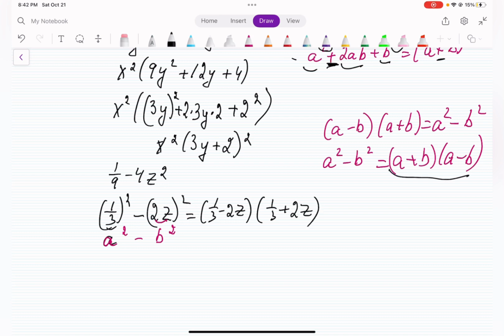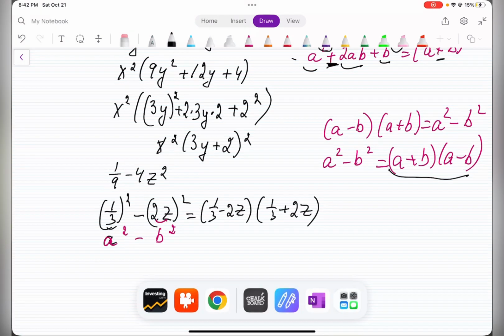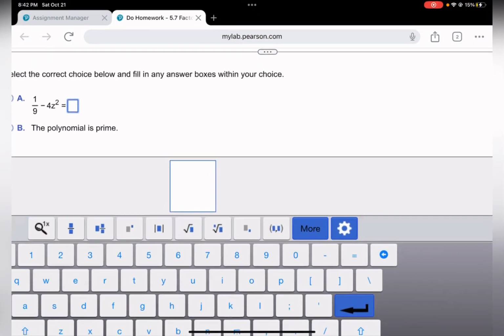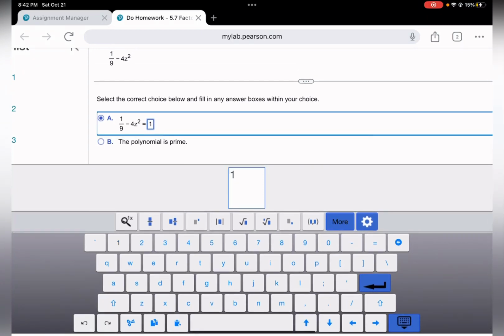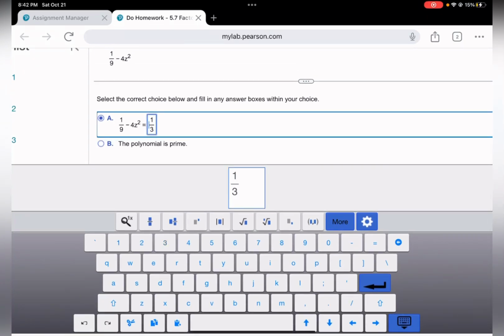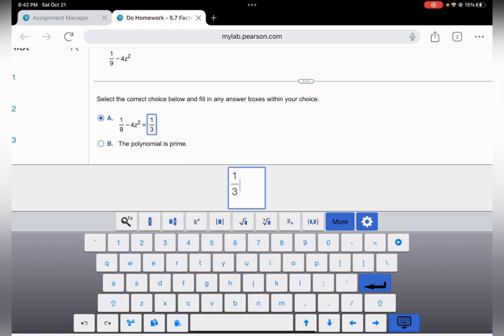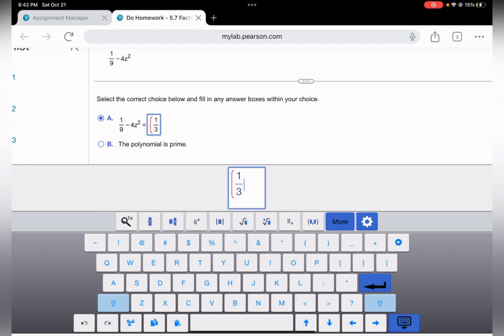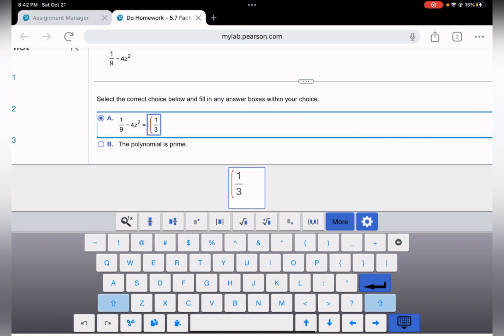So we opened it up. A plus b, a minus b. Doesn't matter which one you put first. Okay. One third. Oh, I forgot parentheses. Minus, I guess I have to leave space. Hold on.